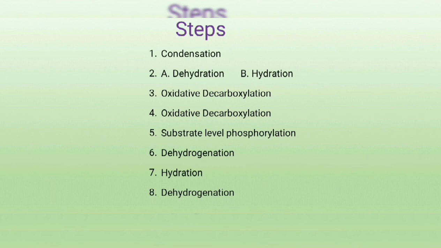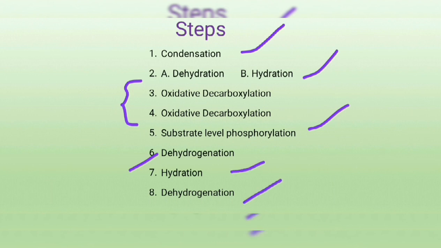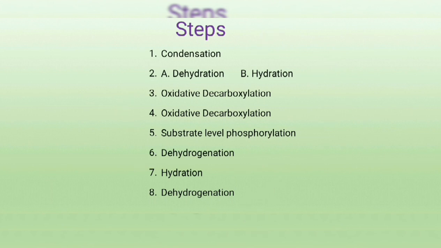And these are the steps which are catalyzed by different enzymes. Coming to the steps, the very first step is condensation, and we have the second step which is A and B, that is dehydration and hydration process, and we have two oxidative decarboxylation steps which produce carbon dioxide, and there is a substrate level phosphorylation, a dehydrogenation, hydration, another dehydrogenation which releases oxaloacetic acid which enters into the cycle again.